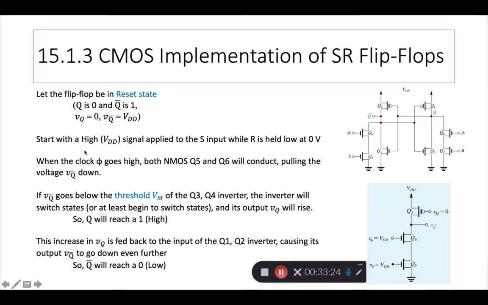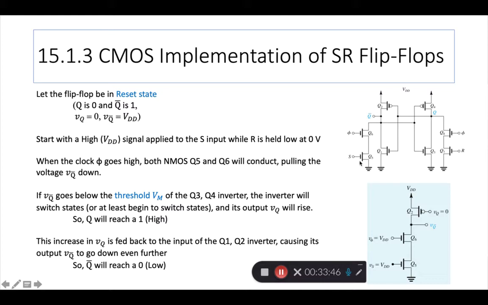Now start with a high VDD signal applied to the S input while R is held low, right? Obviously S and R have to be opposite. We are not allowing them to be both high. That's illegal. Now when the clock phi goes high, the two NMOS devices, Q5 and Q6, will conduct, right?